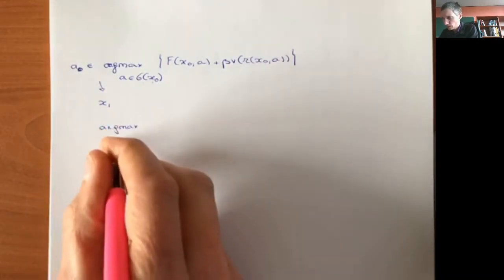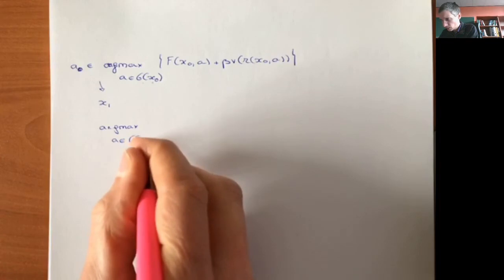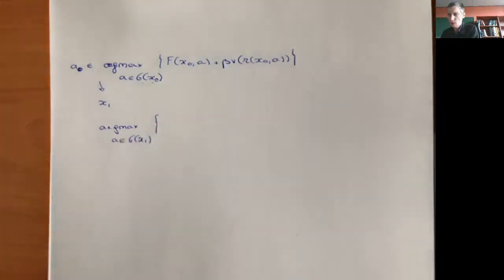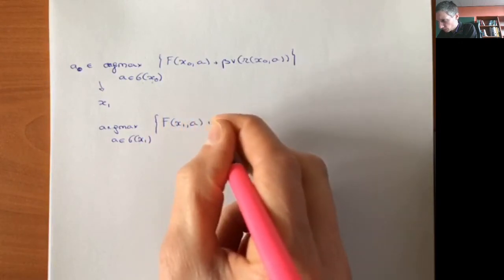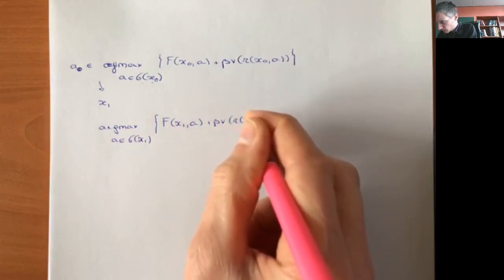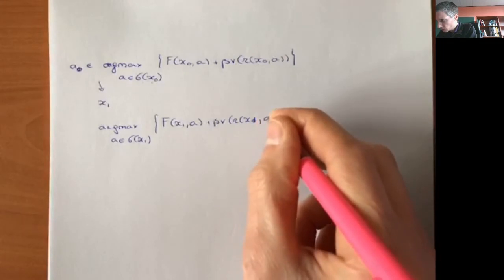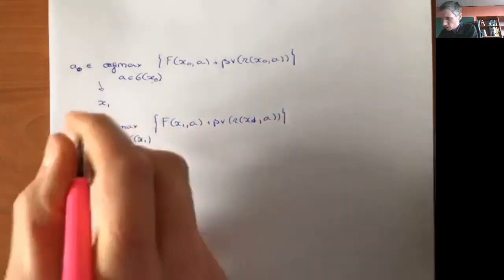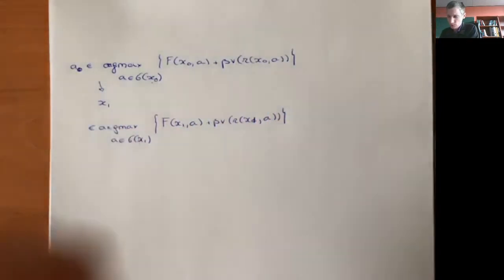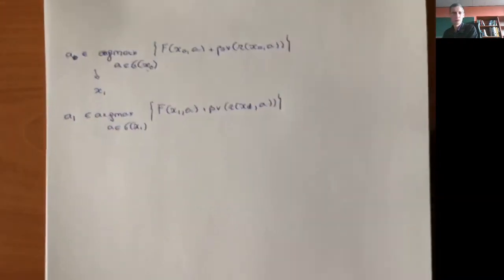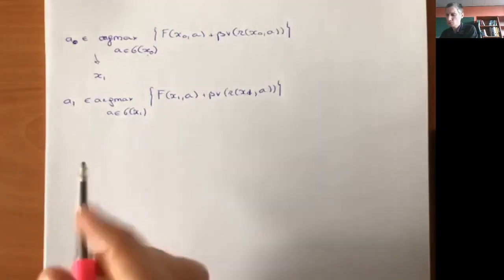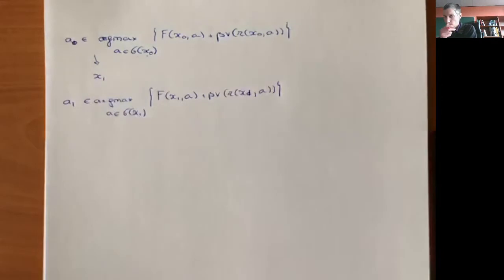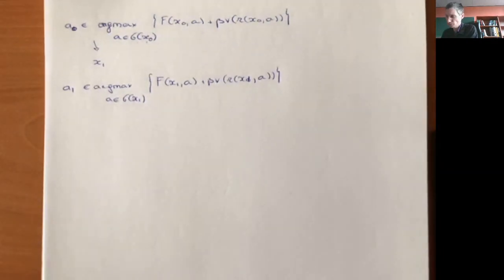we're going to again solve this Bellman optimization problem. You can call it f x1 a plus beta v r x1 a. Pick one solution and we call this A1. Okay, and we're going to do this over and over again, and this will generate a path, right? And we're going to show that the value of this path is equal to the value of the Bellman function.